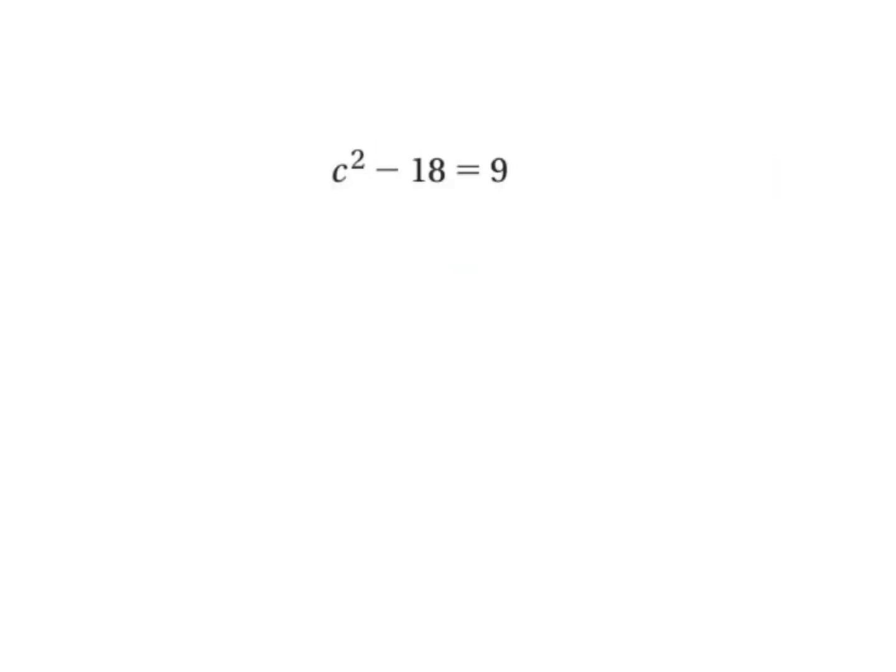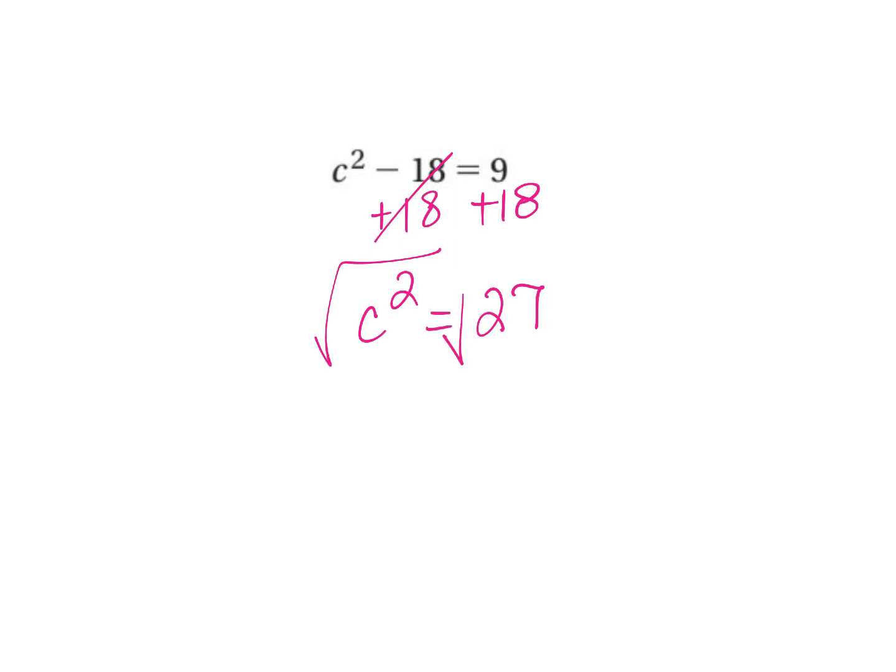Here, let's go ahead and solve this. I'm going to add 18. So we have c squared equals 27. Now 27 is not a perfect square, but we can definitely factor out a perfect square. I believe 3 times 3 times 3 will get us what we need. So I can circle this.